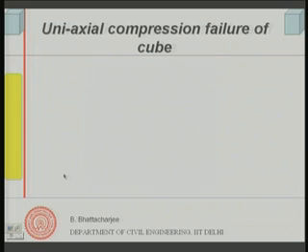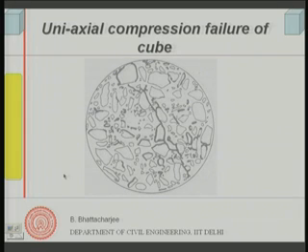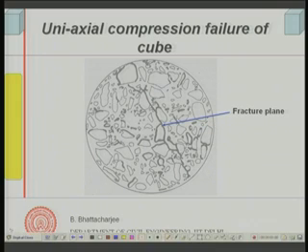So, if I look at the uniaxial failure of a cube and extend this idea to the fracture mechanism of concrete, we will see the fracture plane possibly passes like this. I can conclude from my previous discussion that the fracture plane passes mostly through the aggregate boundaries, and a lot of cracks would have developed across the aggregate.